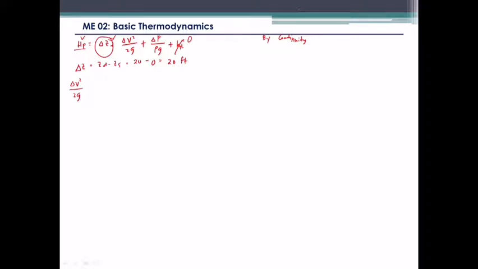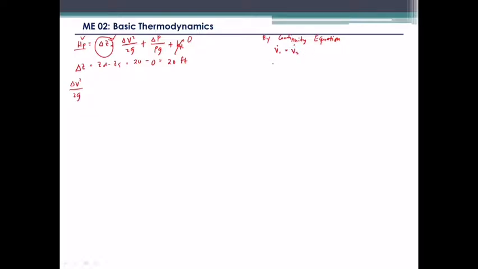Ingon sa continuity equation, for incompressible fluids, the volume flow rate at point 1 is equal to the volume flow rate at point 2.